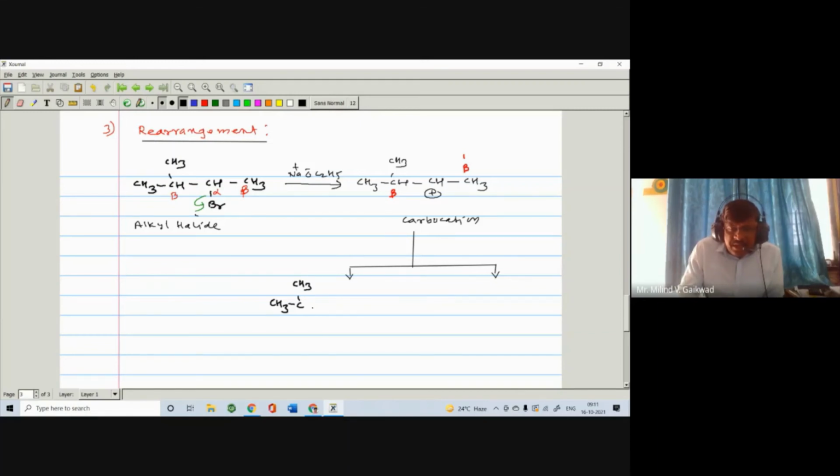We can abstract the beta hydrogen atom, and there's the formation of a bond between C alpha and C beta. You can get such type of alkene, right? It is your Saytzeff product. And in this one, if you remove the beta dash hydrogen, then you may get the Hofmann product. So here is the CH3, here is the CH3, then CH double bond CH2. So you can get the Hofmann product.